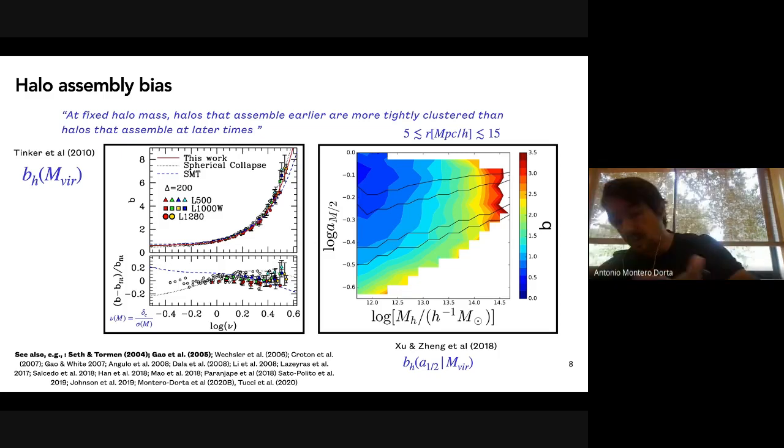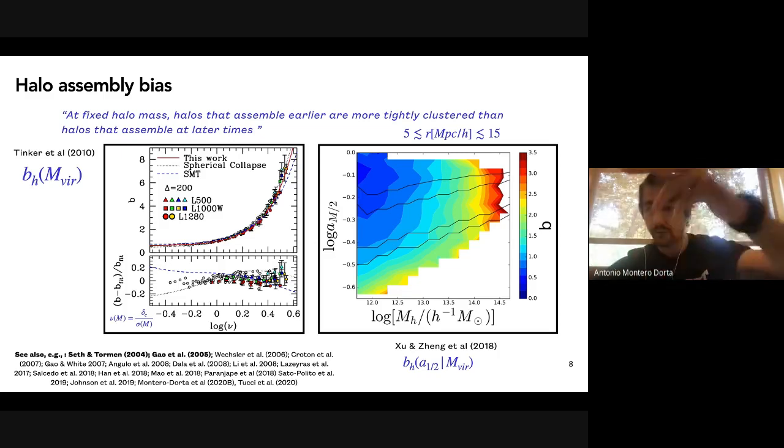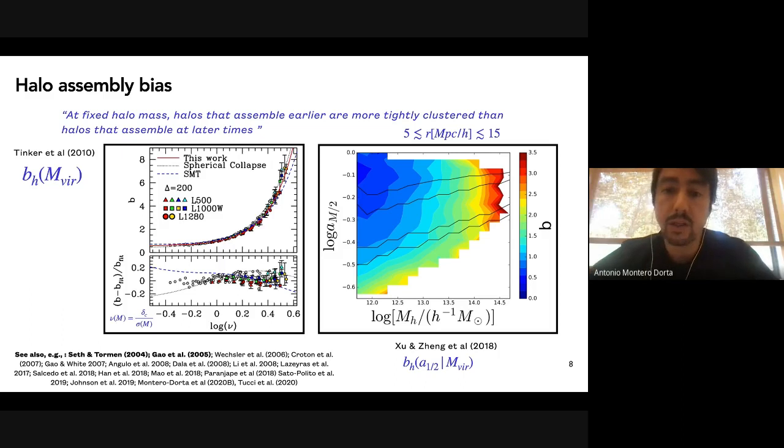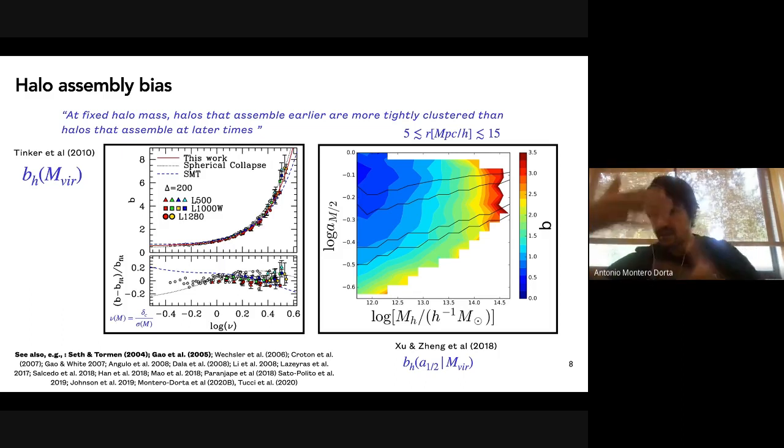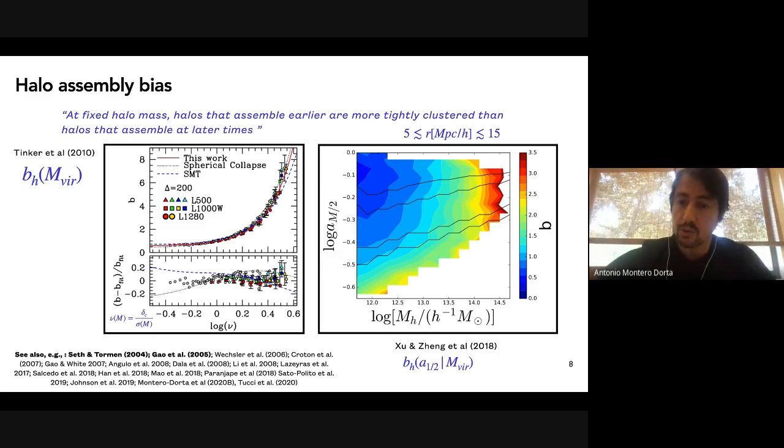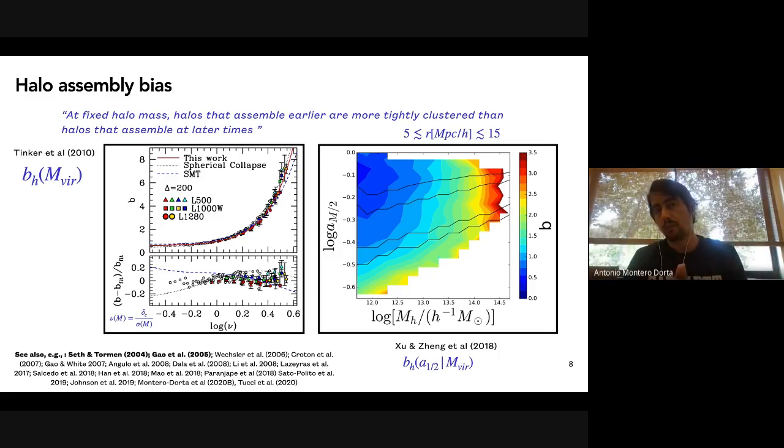And you could see that at low masses, there's a separation in bias, a whole range of biases, whereas when you go to higher masses, it converges to similar values of bias. Here the bias is measured on scales between 5 and 15 megaparsecs over h.